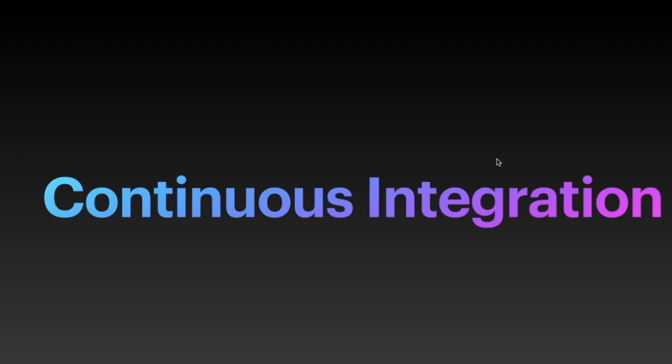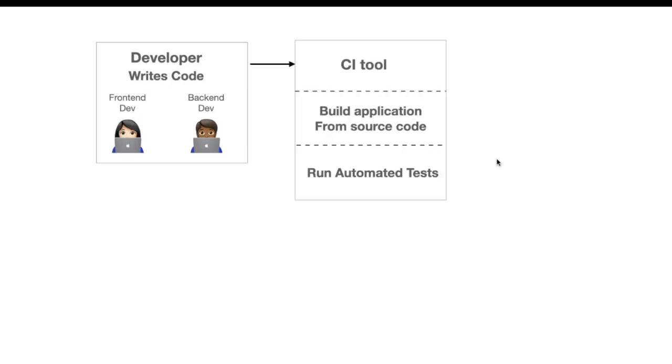So what is continuous integration? When developers write code, front-end developers will write the code for the front-end application, and back-end developers will write the code for the back-end, like database-related and API-related development. Once the coding is completed, they will give the code to the CI tool.